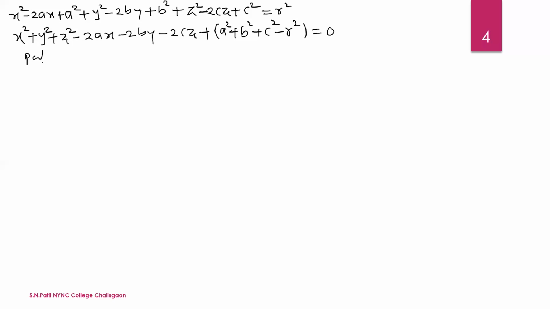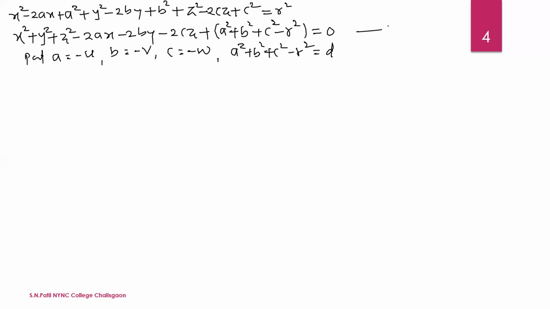Put a is equal to minus u, b is equal to minus v, c is equal to minus w, and this constant term we write as d, that is a square plus b square plus c square minus r square is equal to d.